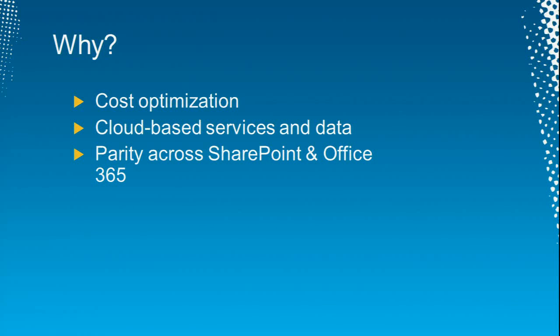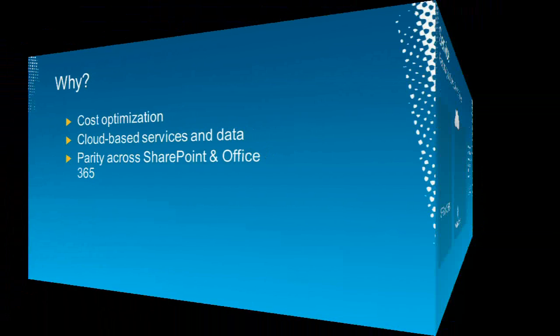And the last one here, which is an important one as we roll out the Office 365 beta, is parity, right? We're seeing a lot of questions around how can I build an application that works both for SharePoint and for Office 365 but still leverages Windows Azure within that architecture. So this is the why and the place I'm starting from.